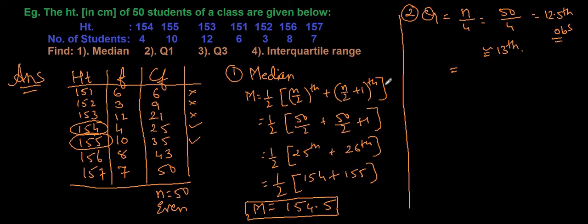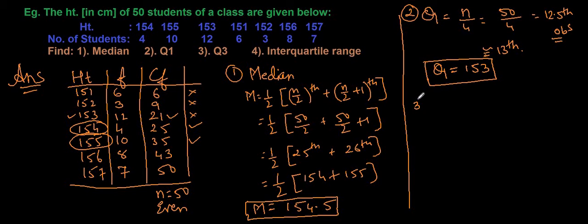So the 13th observation is which one? If you go here, in 6 it is not there, in 9 it is not there. It is there in 21. So the answer is 153. So 153 is our Q1.